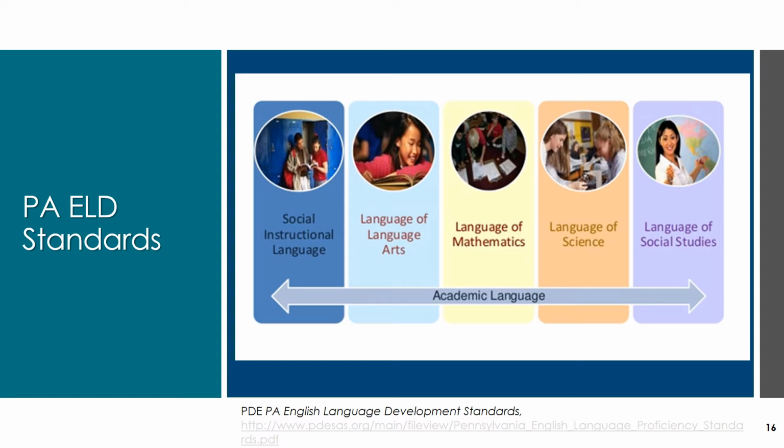They can also communicate information, ideas, and concepts in the language of mathematics, and in the language of science. And the same goes for the language of social studies. So it is important that we really look at language development from the communication of information, ideas, and concepts.